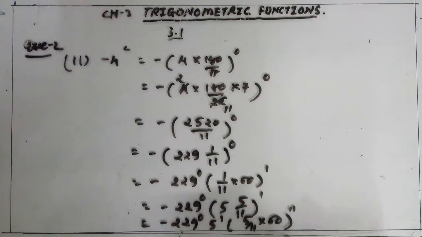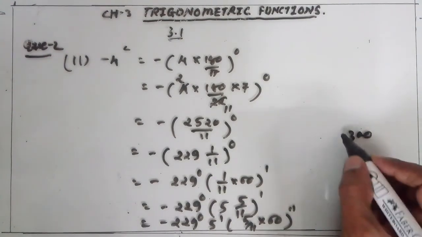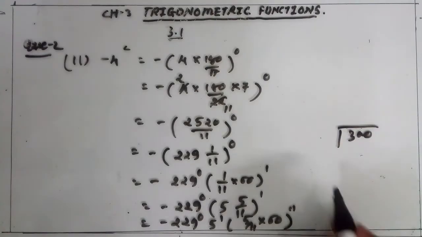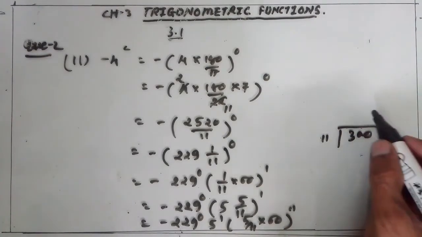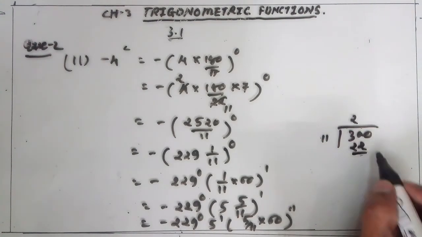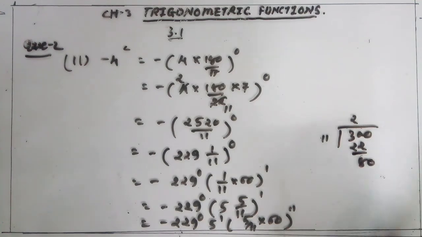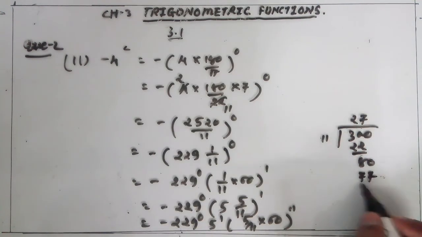Now here we simplify this. 5 into 60, that is 300, divide by 11. So here we get 11 2s are 22, 8, 0 carry. 11 7s are 77, 3.